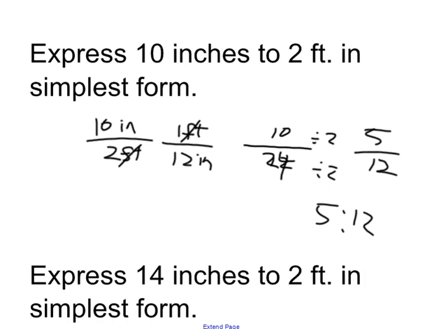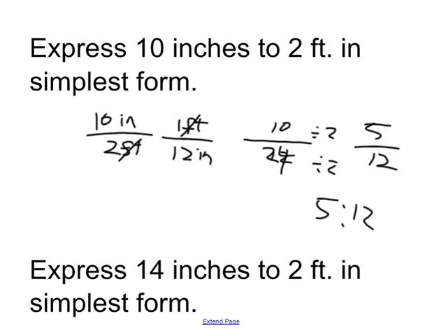Please do the second problem here. Pause the video, complete that problem, make sure that you've got your understanding, then come back and check with me. I've got 14 inches over 2 feet. I need to get rid of the units feet here so that we have both inches and inches. So I'm going to say in 1 foot, there is 12 inches. My feet cancel out.